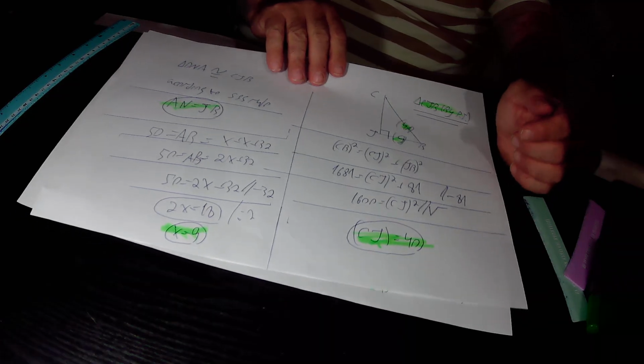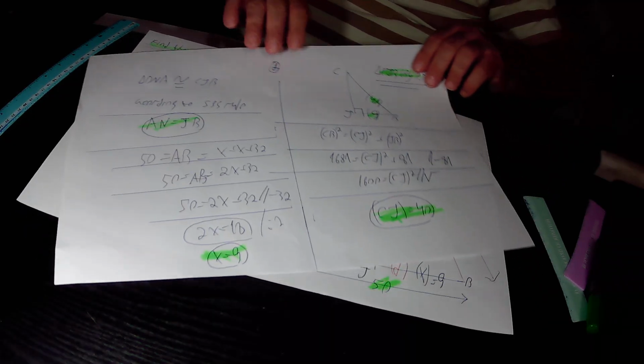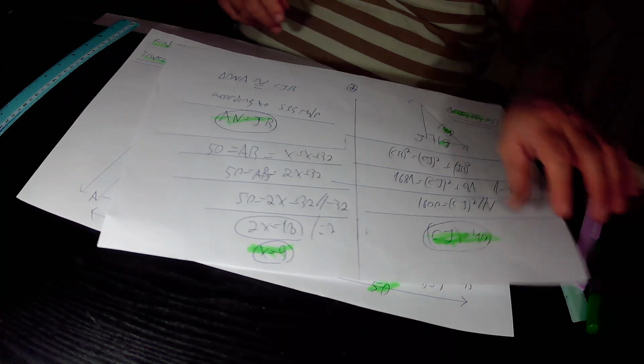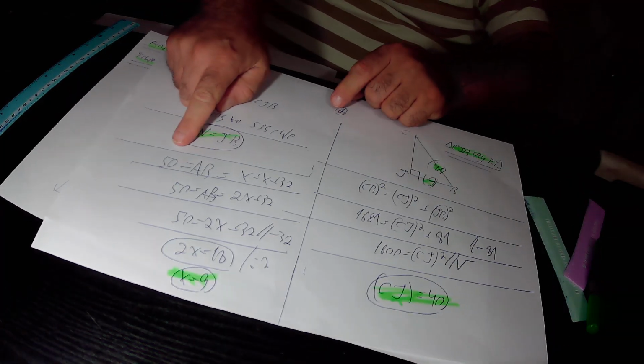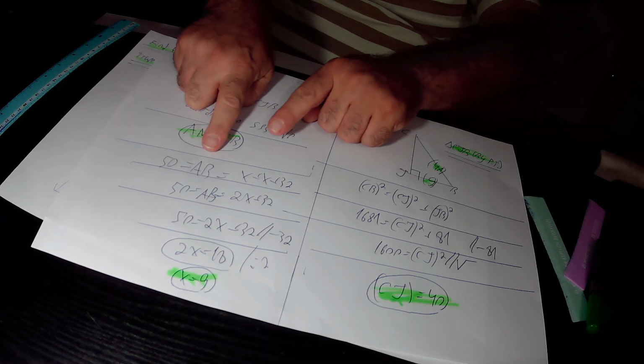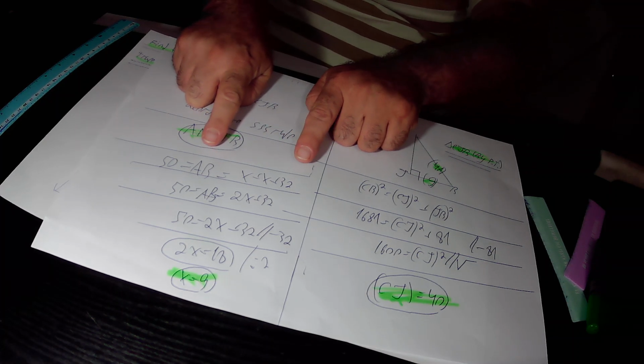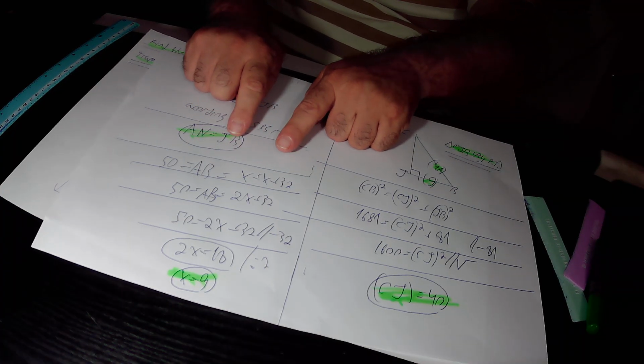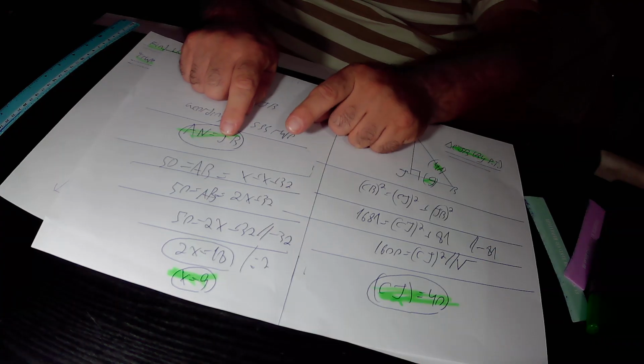We can again find out that from one side, side AB equals 50, but from the other side, side AB equals x plus x plus 32. X plus x is 2x, so on this side of the equation we have 2x plus 32.